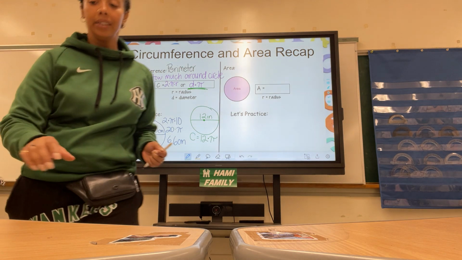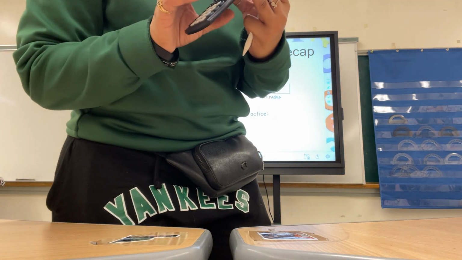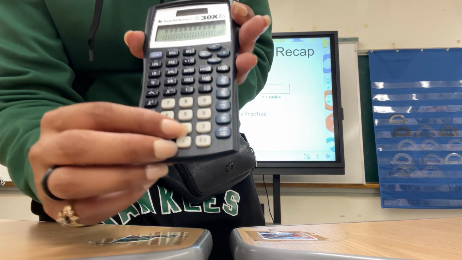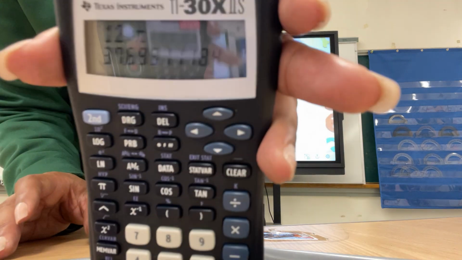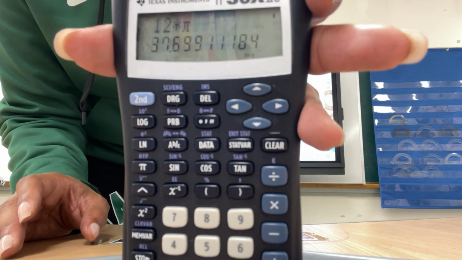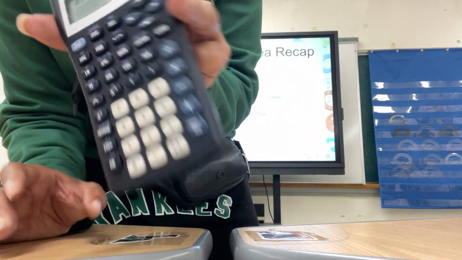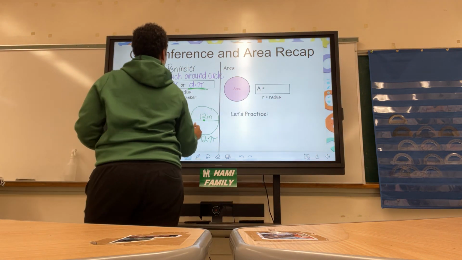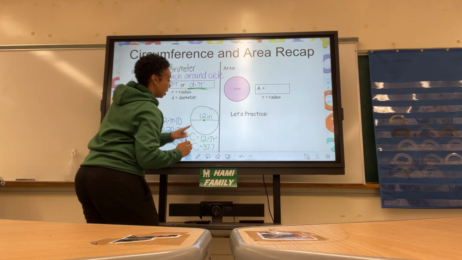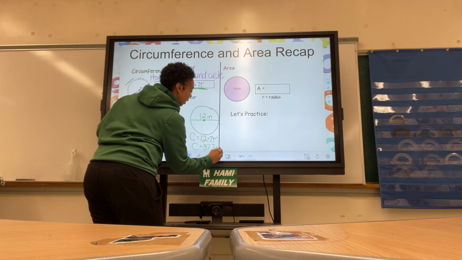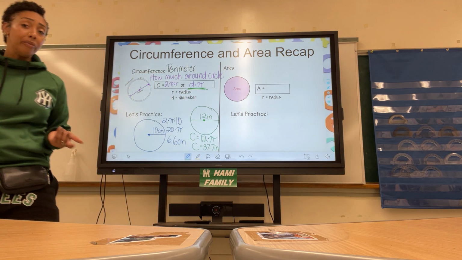Literally in your calculator, type in 12 times pi, and we get 37.7 because we're rounding to the nearest tenth. So C equals 37.7, and then don't forget your units, inches, and that's circumference.